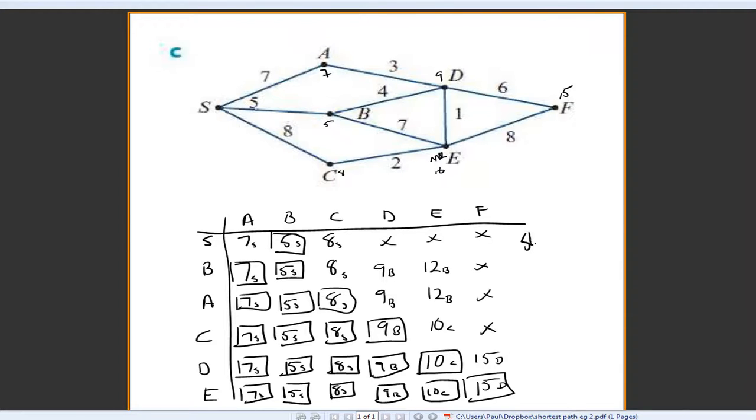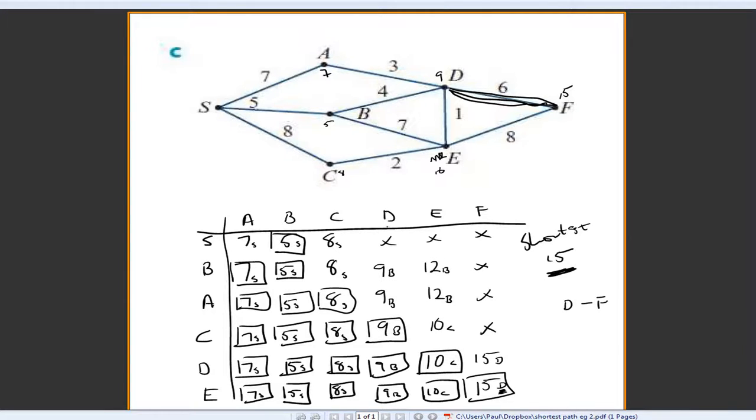Alright, so what do I know? I know that my shortest path will be 15. That's that value there. But I can also tell how we've arrived at that value, because to get to F we came from D. Alright, that line there. So let's rewrite them in reverse order.